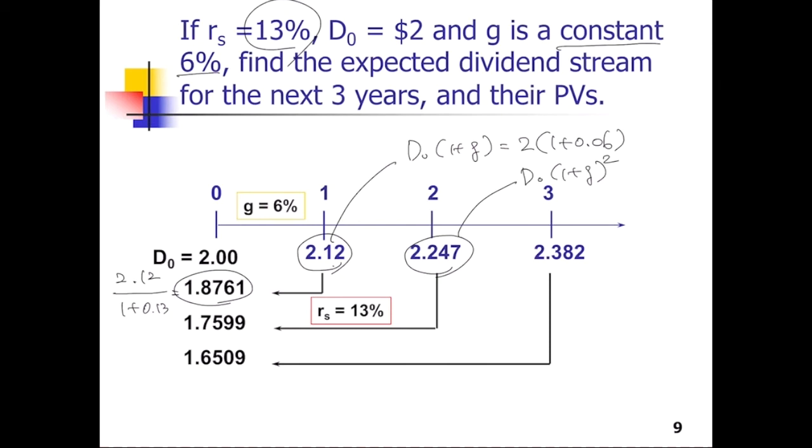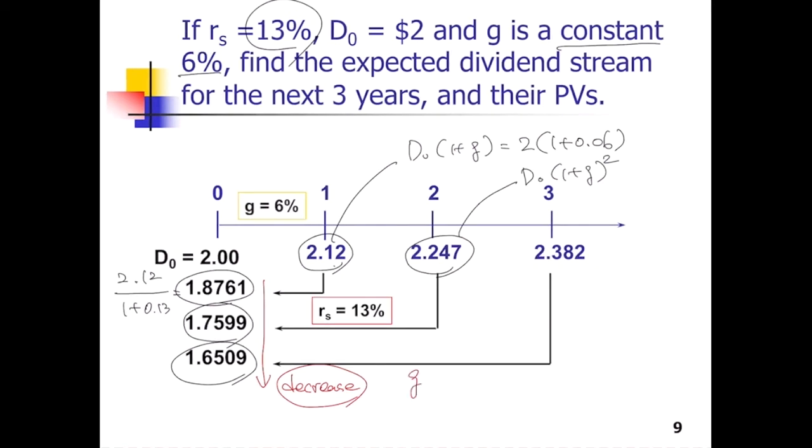And you can apply this method to here and here, right? And as you can see, the numbers go down, right? It decreases. Why? As I mentioned before, g should be less than Rs, right?